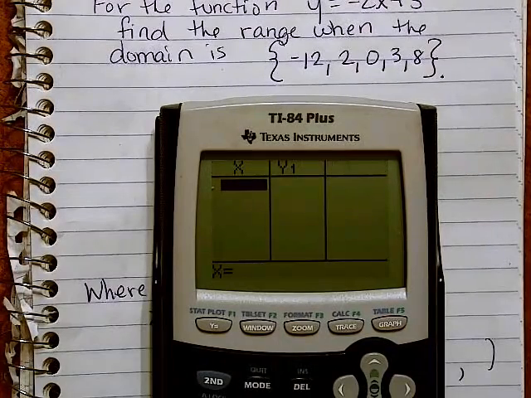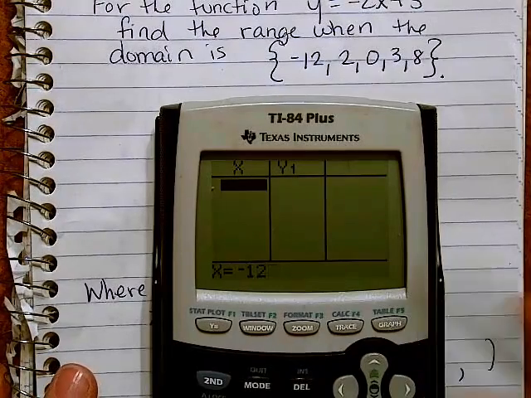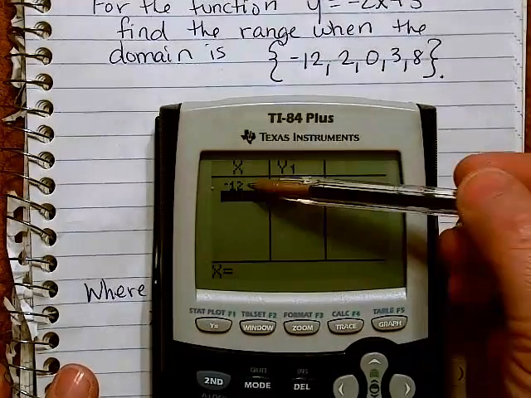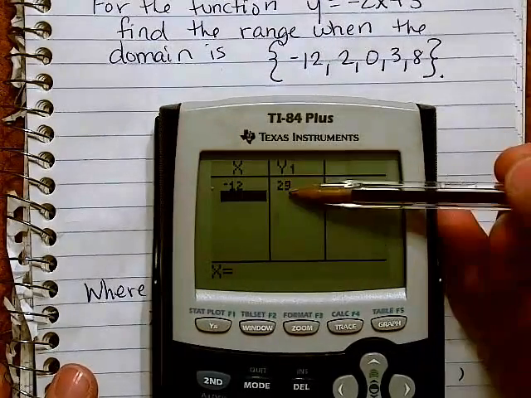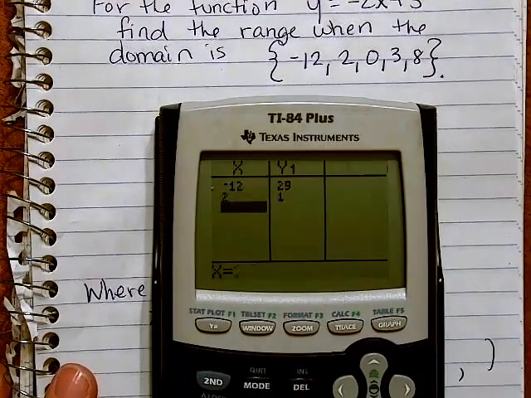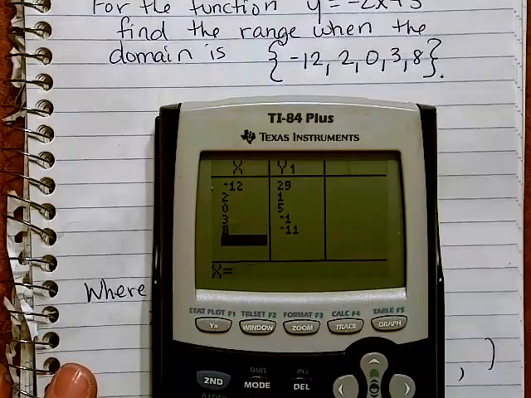What do we want to use for x? Simply type in negative 12. It'll show up here. Once you press enter, it'll go in. And when you use negative 12 for x, you get a y value of 29. We also want to use the number 2, the number 0, the number 3, and the number 8.